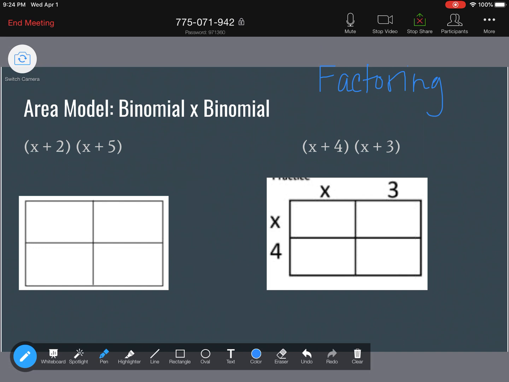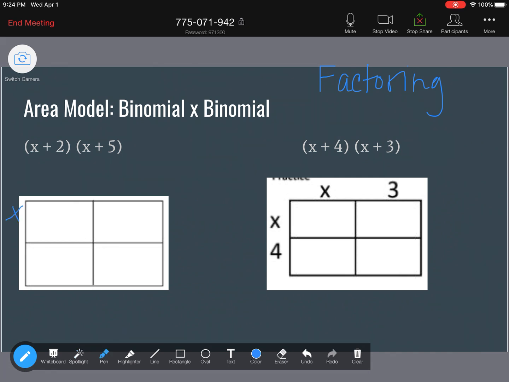So we're going to use something called an area model. We've been doing that for the last couple of lessons, but now we're going to expand it to be binomials instead of just a monomial times a polynomial. The same thing applies though. We're going to take this first binomial, since it's only 2 terms, the x plus 2, and we're going to write it on the side.